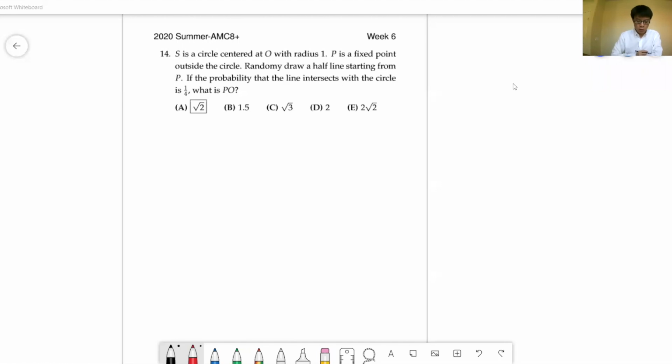Okay, problem 14. We have a circle of radius 1, centered at O. And then there's a point P outside the circle. Suppose we have P here.